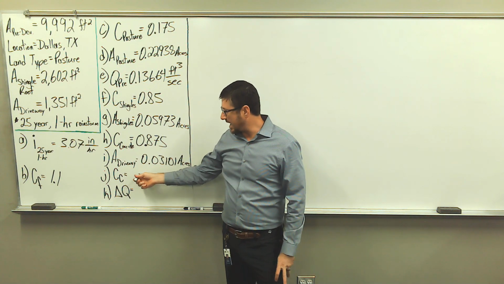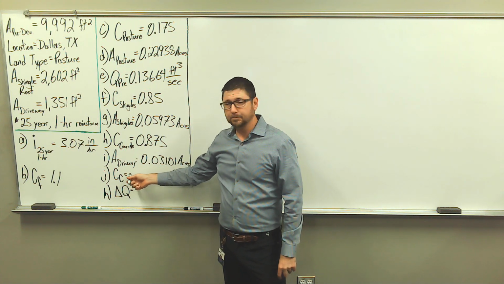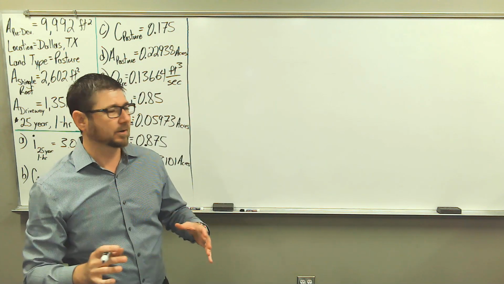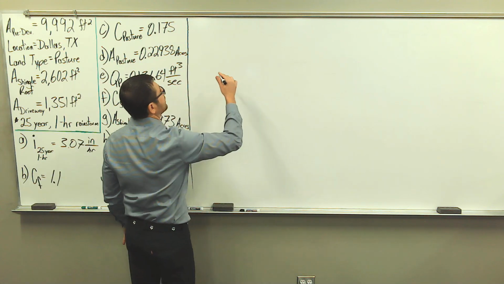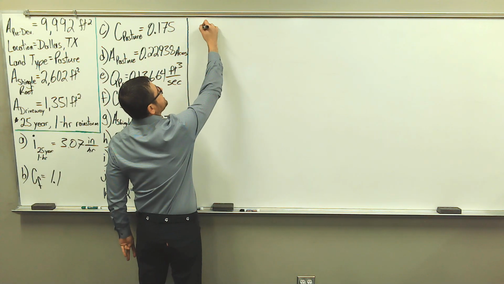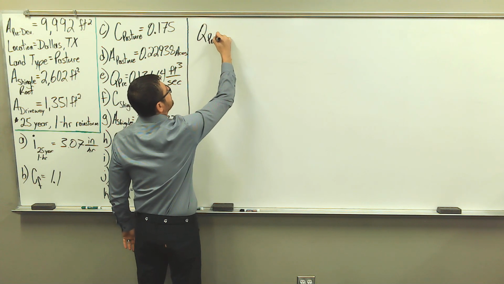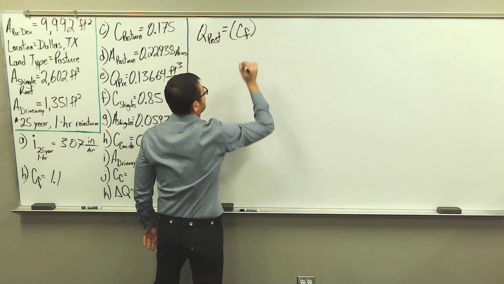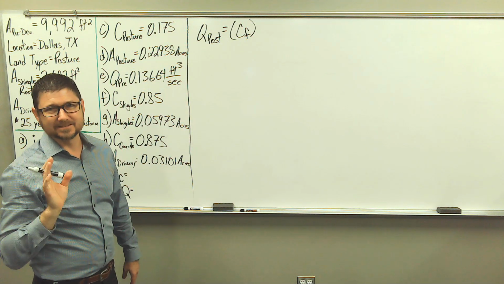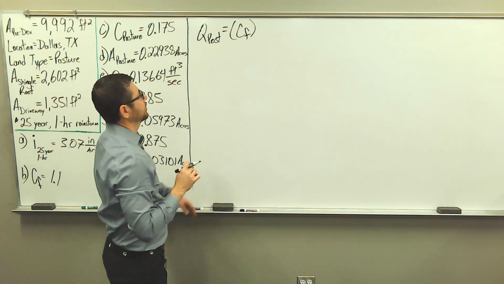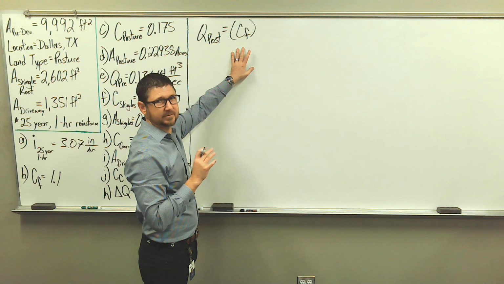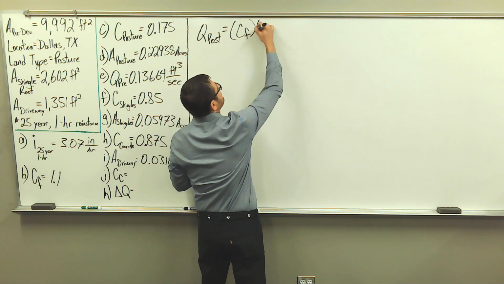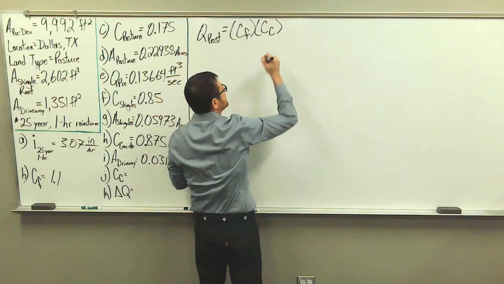Next, we need to calculate the composite coefficient. What we're going to do is calculate the peak runoff rate post-development. So Q sub post is equal to our runoff rate coefficient adjustment factor based on the return period of the storm multiplied by our composite coefficient.